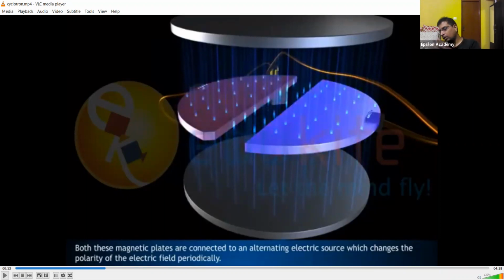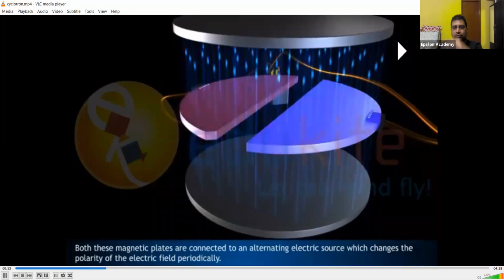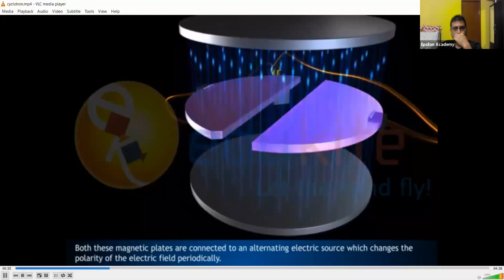When you have two electromagnets like this, they have a magnetic field between them, from the north pole to the south pole. These two Ds, which are metallic plates, are connected to an electric source, where an electric field is generated in a particular direction, and the polarity of the electric field changes periodically.